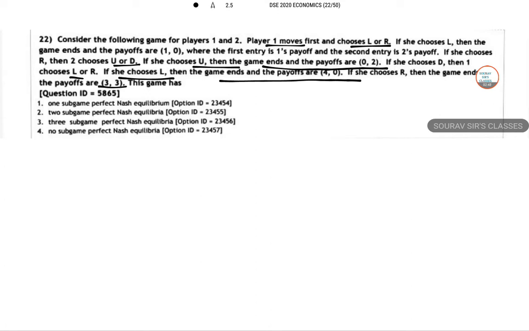Then the game has 1 subgame perfect Nash, 2 subgame perfect Nash, 3 subgame perfect Nash, or no subgame perfect Nash. So what is happening here? Player 1 has 2 options, L with 1, 0 and R with respect to player 2.